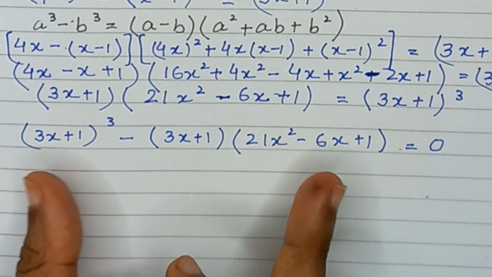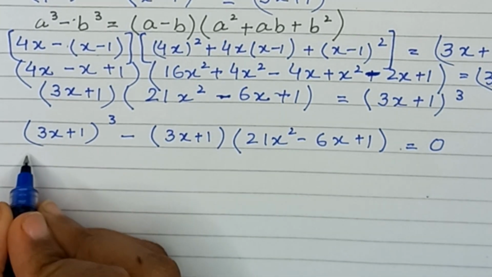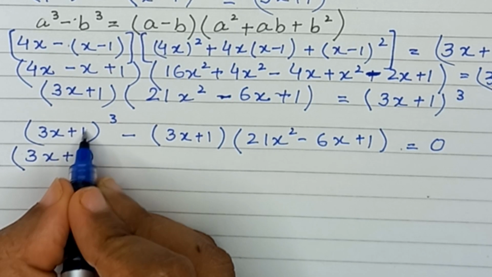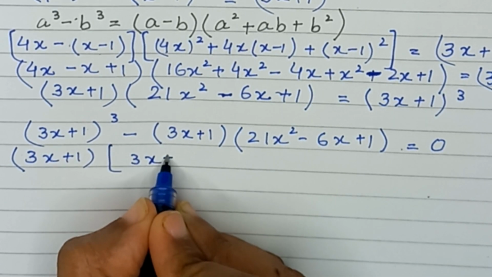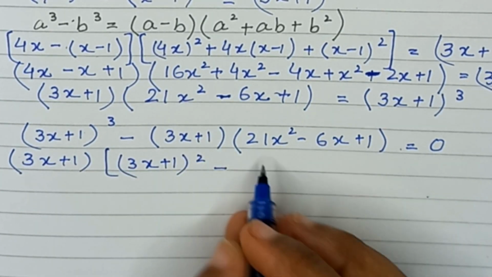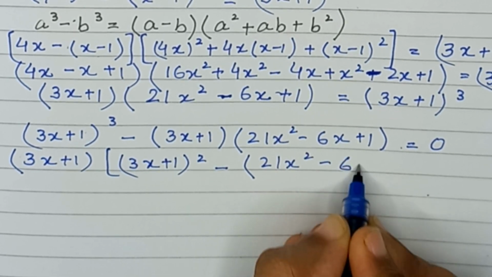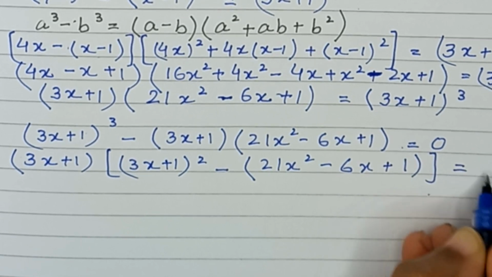Now we can see that here we have 3x+1 common in both terms. So we will take common 3x+1. So this divided by this will be equal to (3x+1)², and this divided by this will be equal to 21x² − 6x + 1, which is equal to 0.